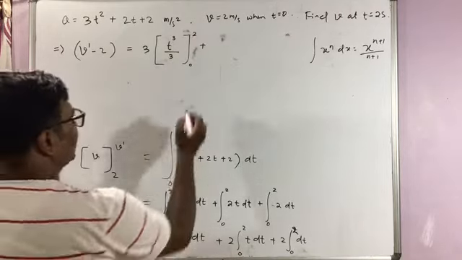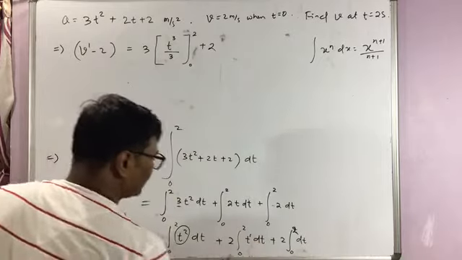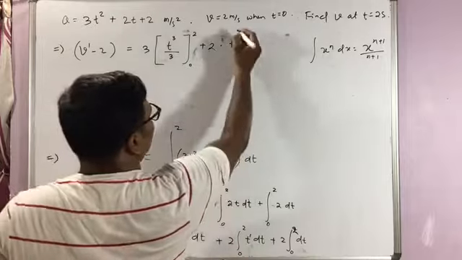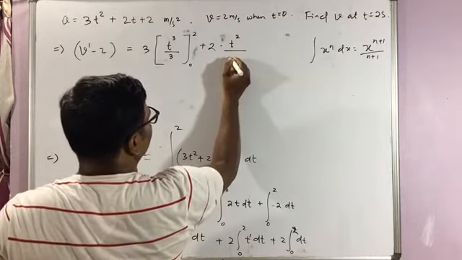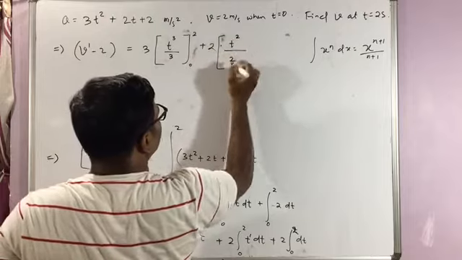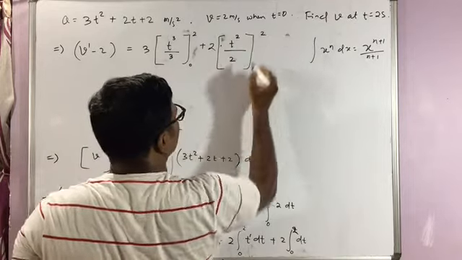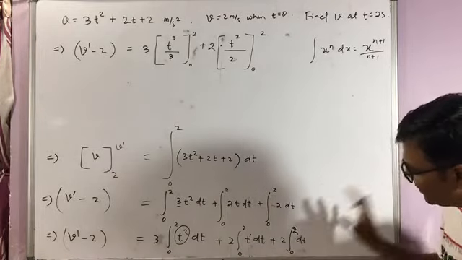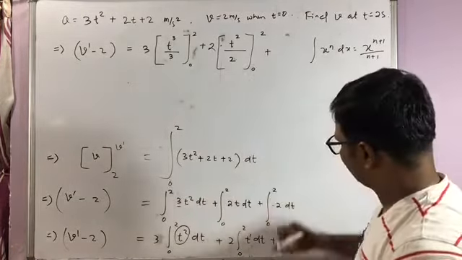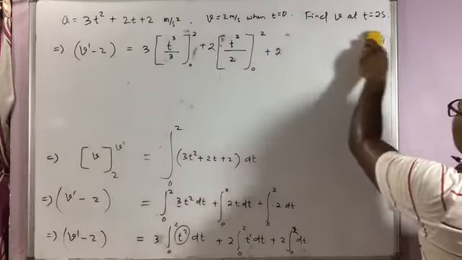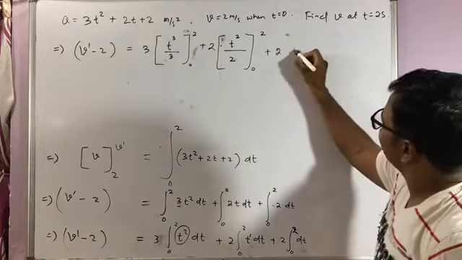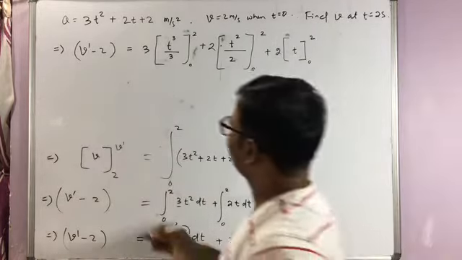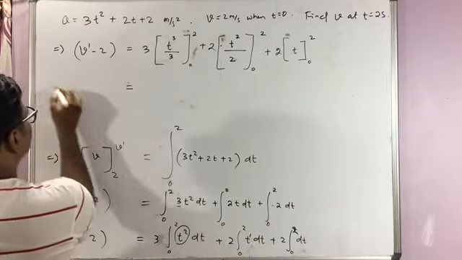Plus the second term, similarly 2, the power is 1, so it will be 2 into t to the power 1 plus 1 by 1 plus 1, which is t square by 2, and the limit would be 0 to 2. And the third term, 2 is a constant, and integration of dt is simply t, so plus 2 times t, the limit from 0 to 2.